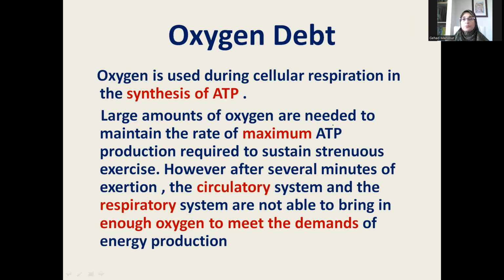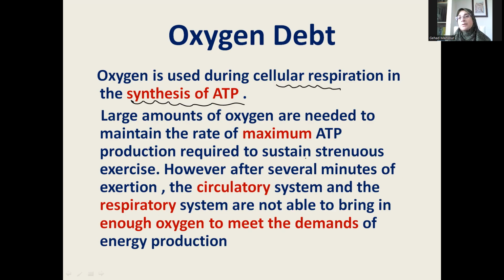And now we move on to an important concept, which is the oxygen debt. As we have just said, oxygen is important for cellular respiration. And cellular respiration, as we have just seen, especially the last stage that requires oxygen, which is called oxidative phosphorylation, requires ATP.